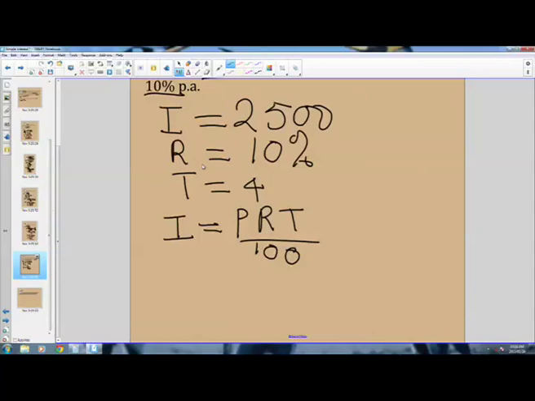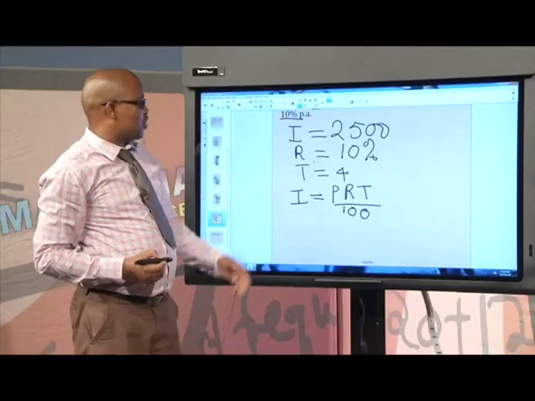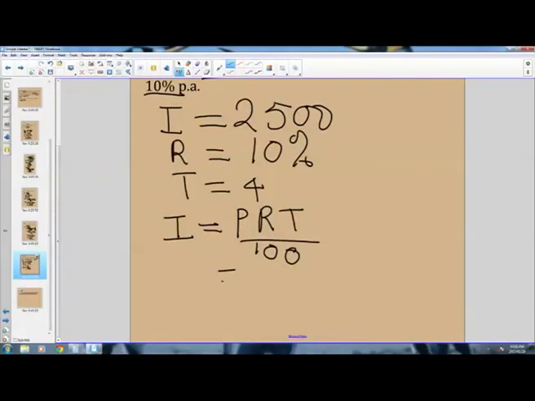We don't have P, so P will be just like this. The rate of interest is given as 10%, so it's 10, and then times T. Our T is 4, so it's 4 divided by 100.